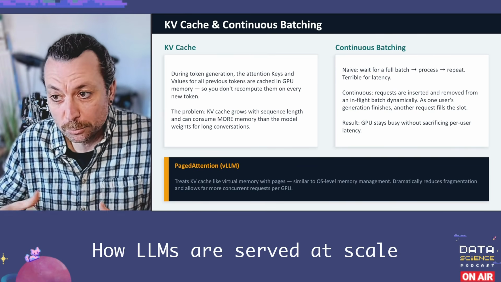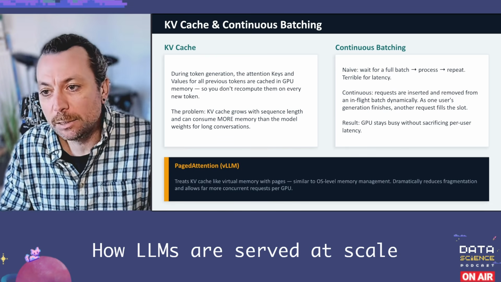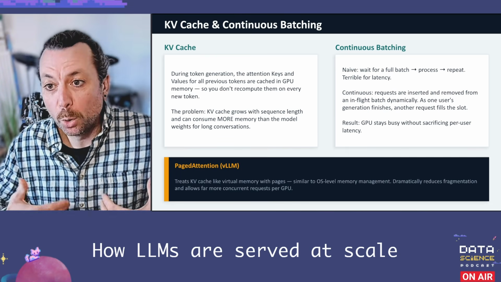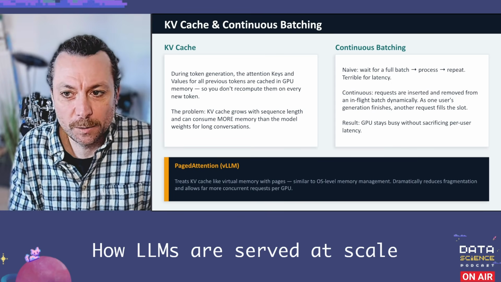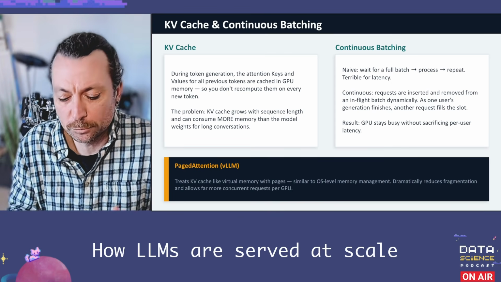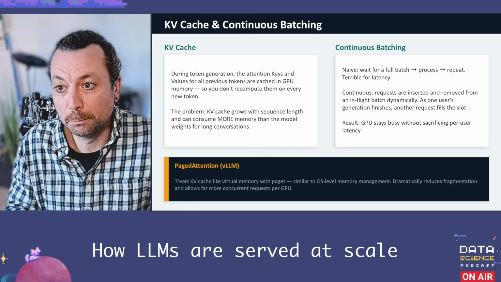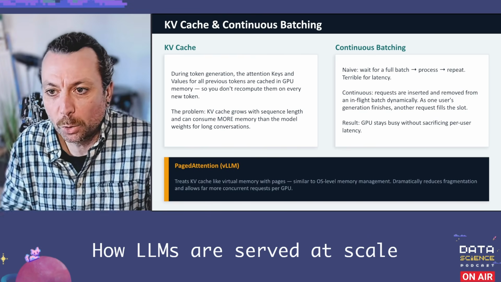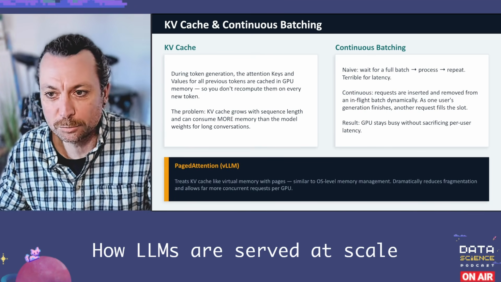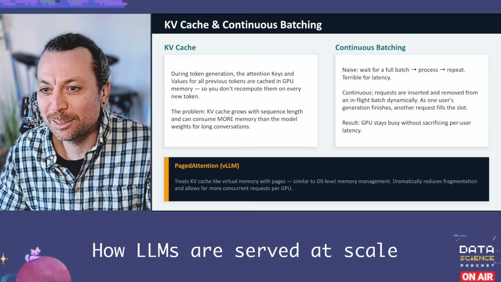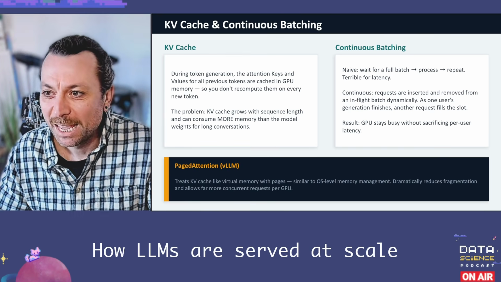Okay, so it grows with the sequence length. And this means that it can consume more and more memory, even more than the model weights, for a long conversation. So the longer the conversation, the more you are caching and the more this cache grows. It's a very simple concept, right? There's no magic. There's no free lunch, as they say.